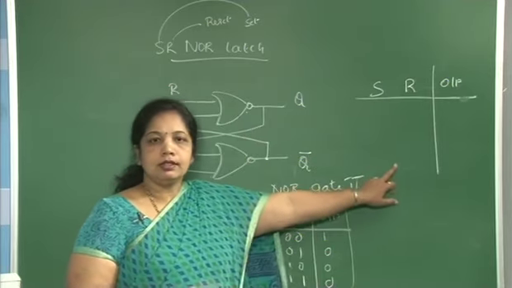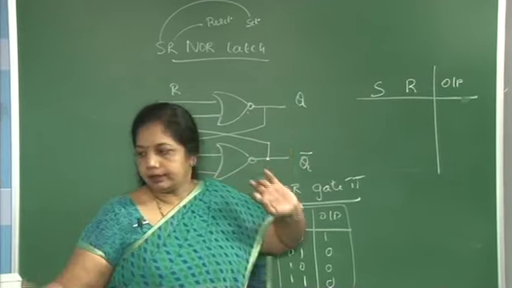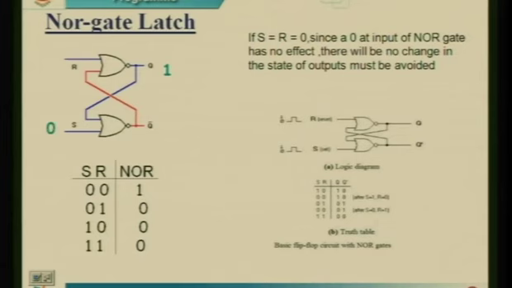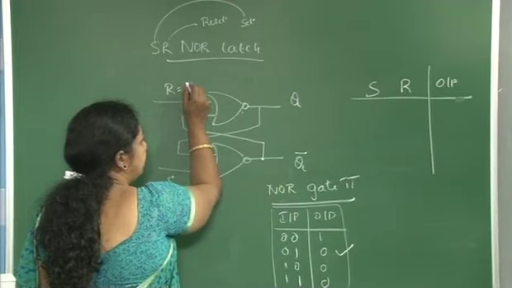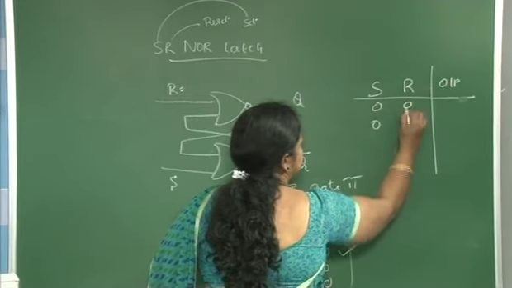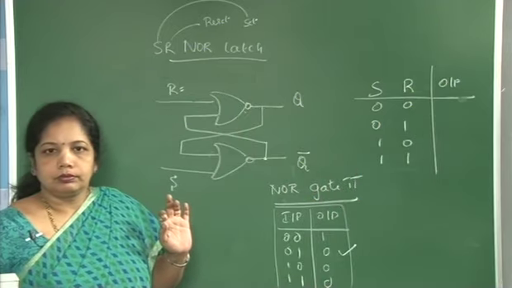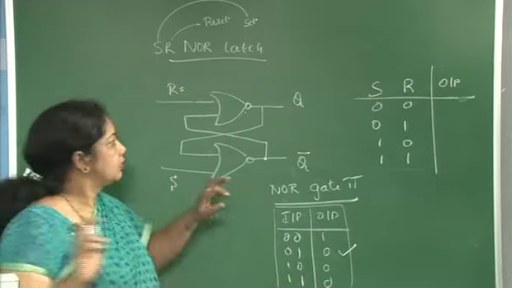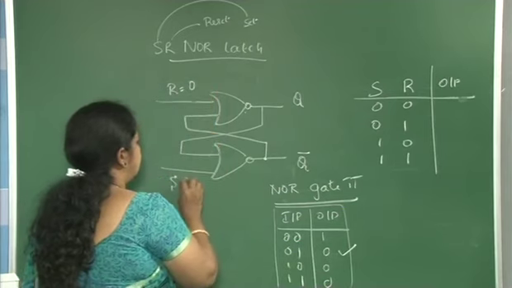Now let us discuss what happens when I give inputs to the NOR gate latch. Let me start with S and R as, R as 0 and S as 1.